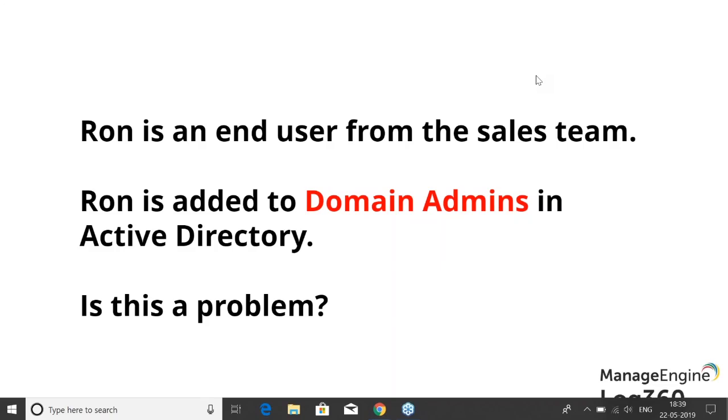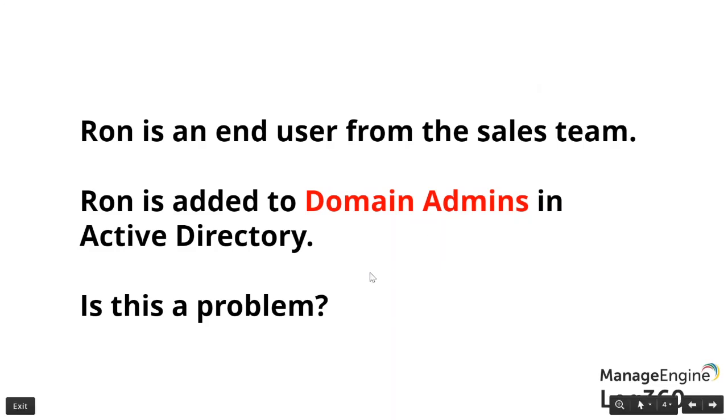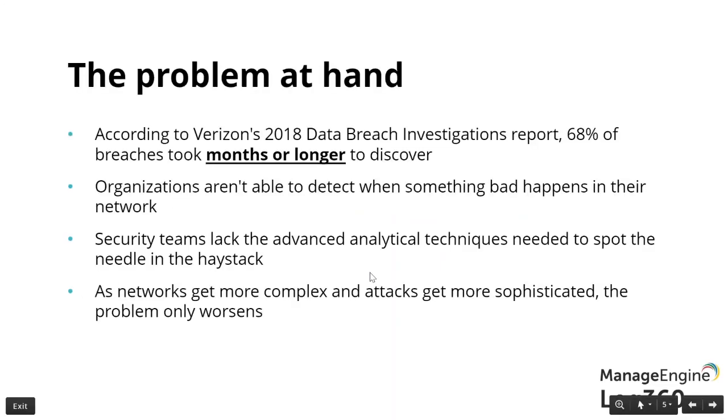And maybe some of you tuning in today are also concerned about the situation, but are not in a position to address it in your organization, right? Because this is a situation where you need to be notified immediately, right? If someone is added to domain admins in Active Directory, you need to be notified instantly. Now, you need to have a process, a mechanism of auditing set up to be able to detect it. But the problem really is that organizations are struggling to detect such situations, right?